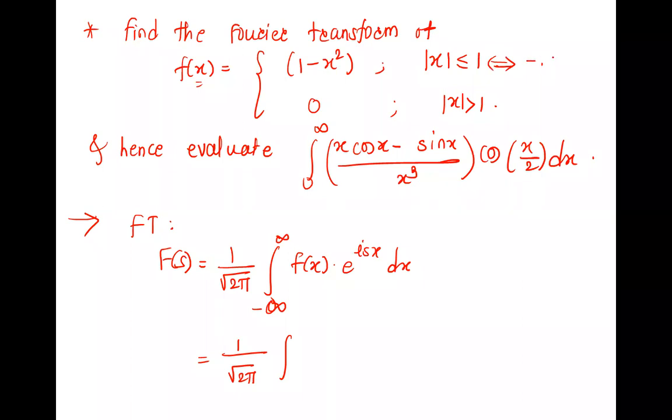Minus 1 to 1. Right. The function is defined on this, so limits are minus 1 to 1. And the function here is 1 minus x square into e raised to isx dx.